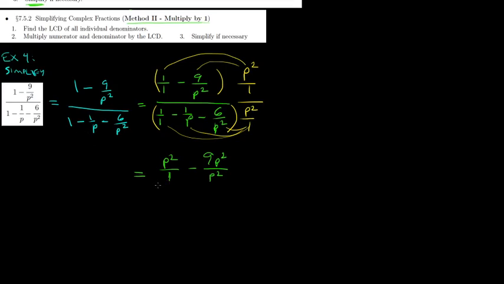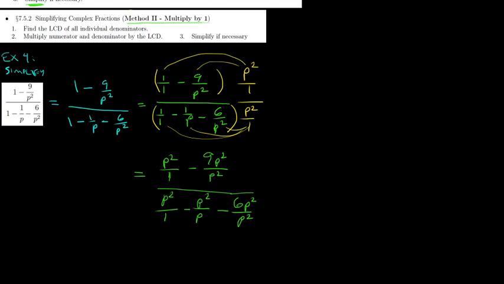And now we do the same thing to the denominator. We have p squared times 1, which is p squared, over 1 times 1, minus p squared over p, right? P times 1, yep. And then minus 6 times p squared, all over p squared times 1.